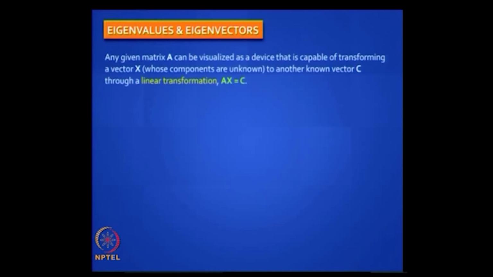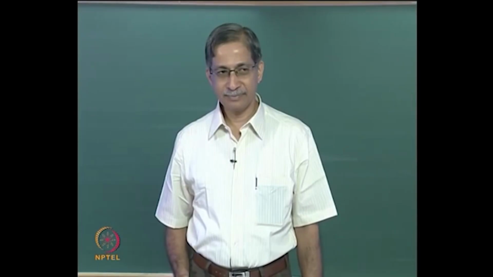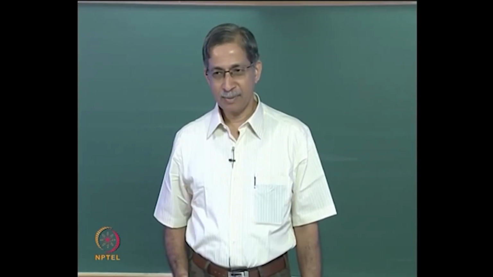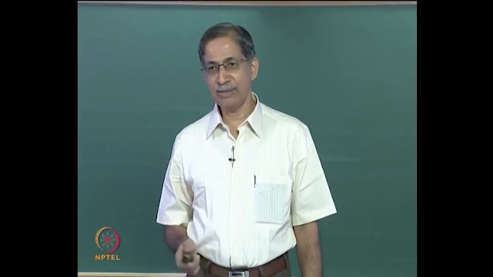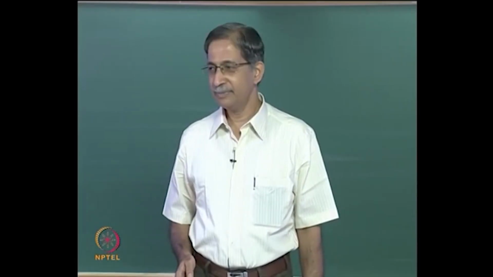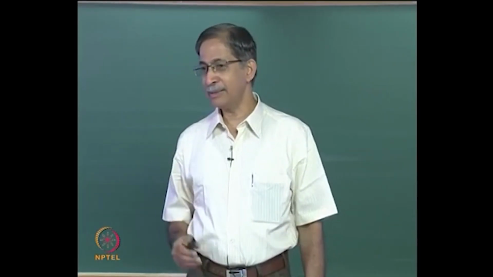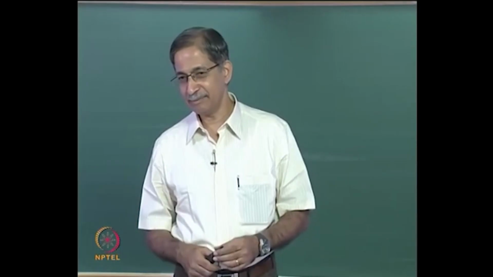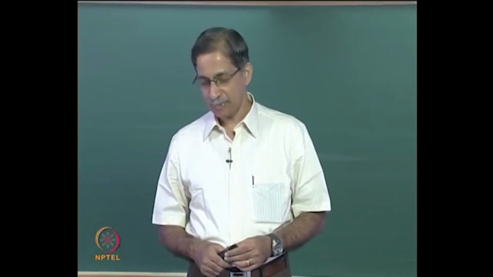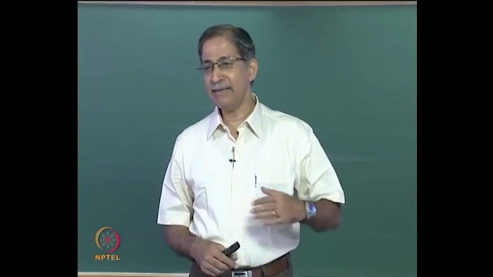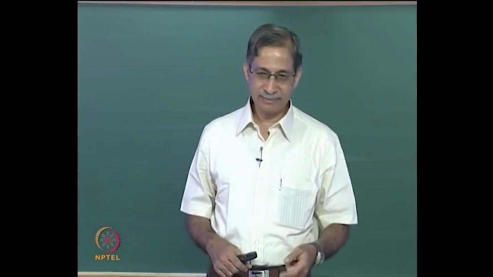Now, where do eigenvalues and eigenvectors come in here, from whatever you've learned so far? What does an eigenvalue transformation do? What does it do in a physical sense? What will be the end result after you do the transformation?